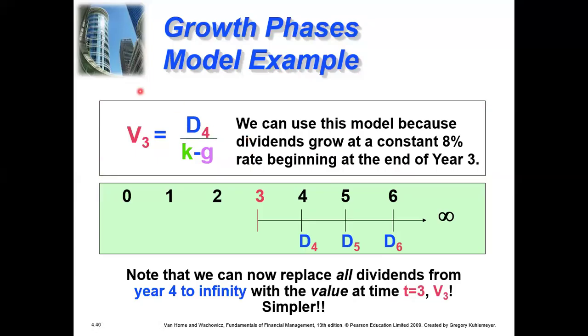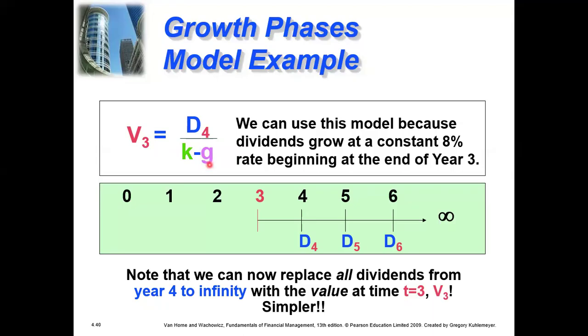If we write V3 is equal to D4 over K minus G, because the basic formula for stock valuation is D1 over K minus G. When we wrote D1, it gave V naught, so similarly we can write V3 is equal to D4 over K minus G.